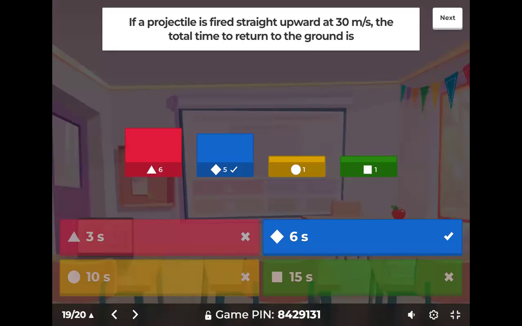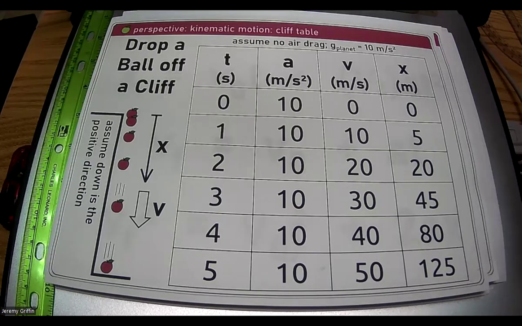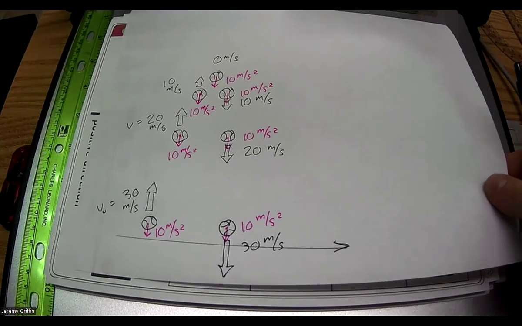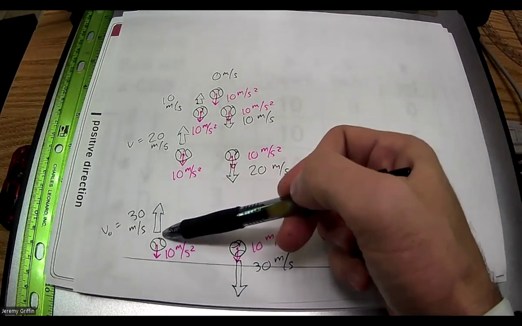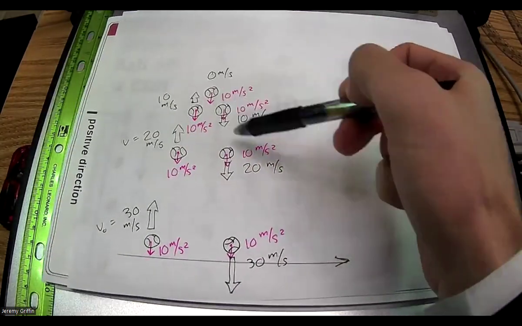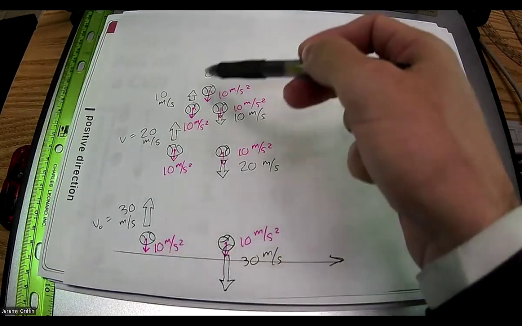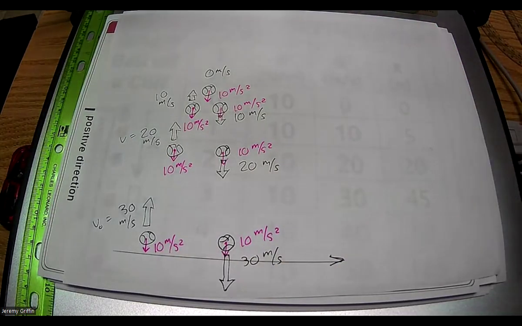I'll show you guys 3 different ways you're going to know that. One way is if you have this area notes, you could just count it. Couldn't you just count this frame by frame? Because here's 30 meters per second for the ball. You guys see 1, 2, 3, 4, 5, 6 seconds? Because 3 seconds up, 3 seconds down. Wouldn't that be true?